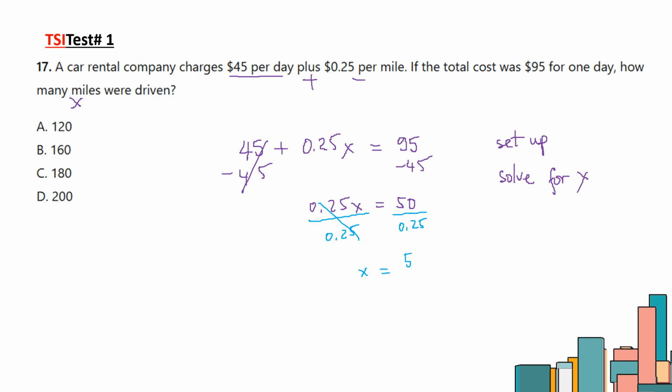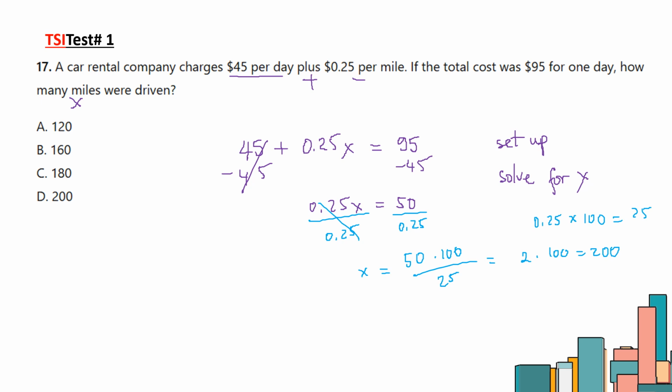I would do 50 multiplied by 100, and then divide by 25, because 0.25 multiplied by 100 is 25. So 50 divided by 25 is 2, times 100, that is 200.